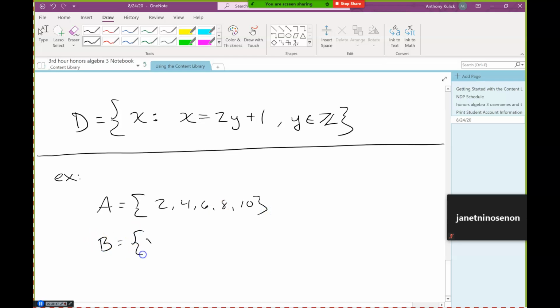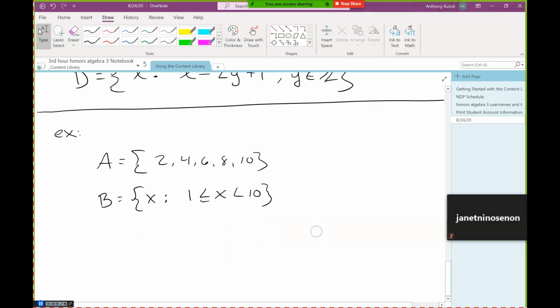And set B is the set x such that 1 is less than x, which is less than or equal. Let's actually do 1 less than or equal to x and then less than 10. Okay? So we're going to ask the question then, is 2 a member of A?